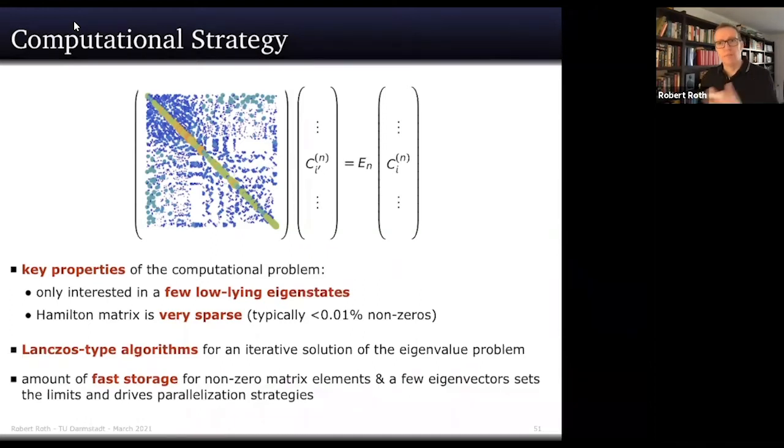You can distribute them over many, many nodes if you have a big computer, no problem. But this is typically the limiting factor. How many terabytes do you need to store all the non-zero matrix elements? As I said, it would be impossible to store any of these matrices if it weren't for such a very sparse structure. In typical calculations, we use something like 1, 2, 3 terabytes for these matrices. So this is getting big.